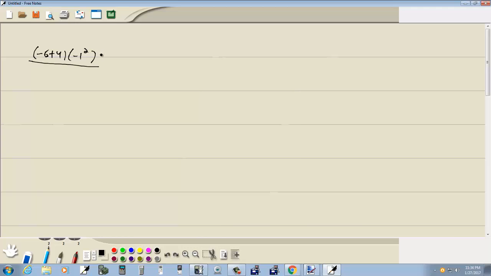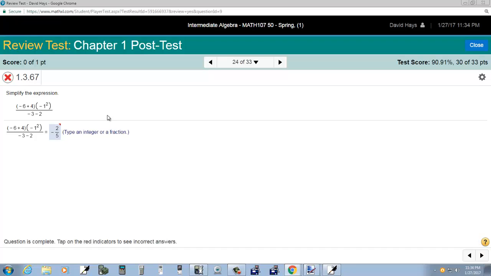I'm pretty sure I put that on the outside when I worked it before. Okay, negative 6 plus 4 is negative 2. Now, the exponent only affects what's to the immediate left. So that squared only affects the 1. So that'll be a negative 1. And negative 3 minus 2 is negative 5. Negative 2 times negative 1 is a positive 2 over negative 5. And that's how they get the negative 2/5.